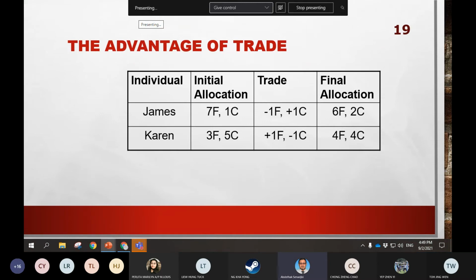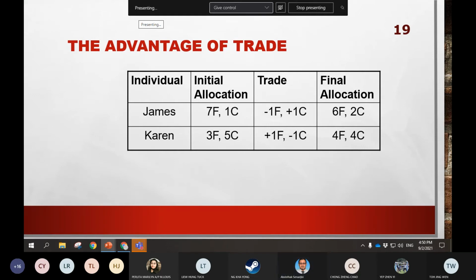This is the table. This is the initial allocation. In the initial allocation, James has 7 units of food and 1 unit of clothing, and Karen has 3 units of food and 5 units of clothing.